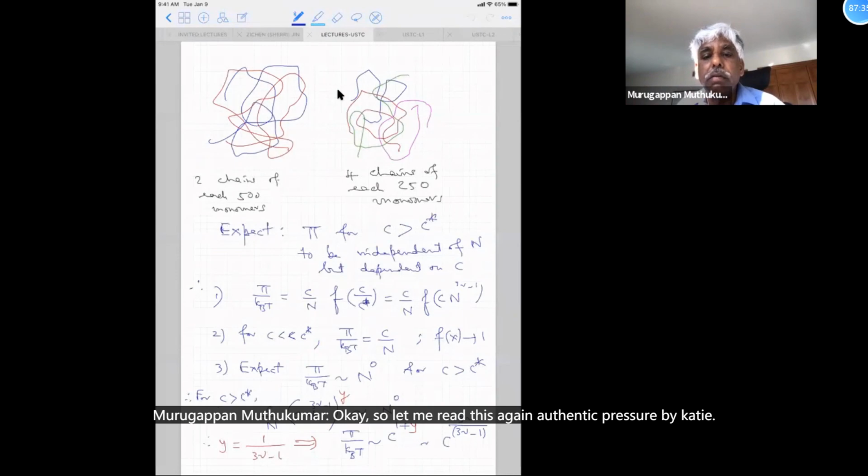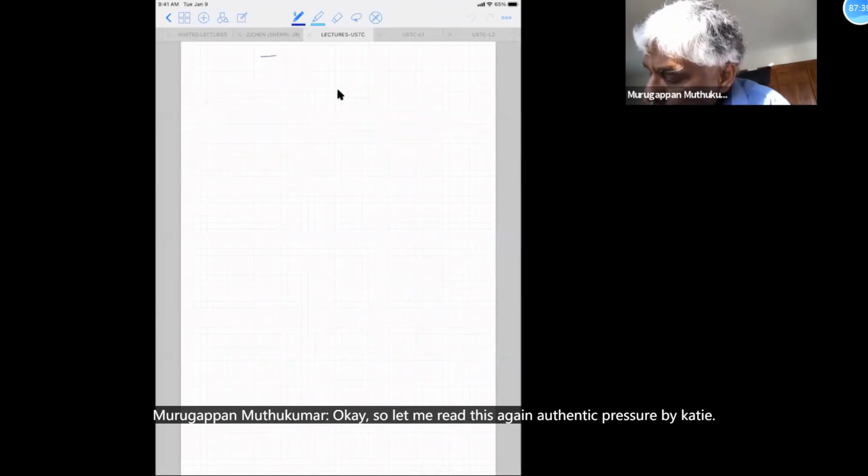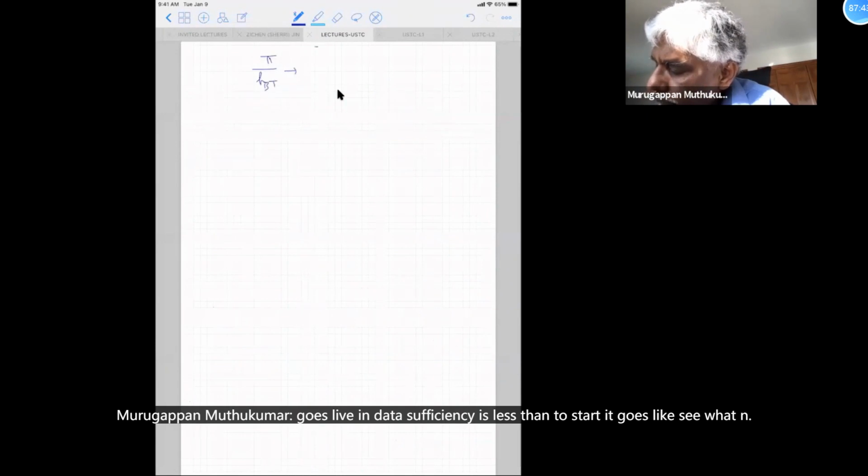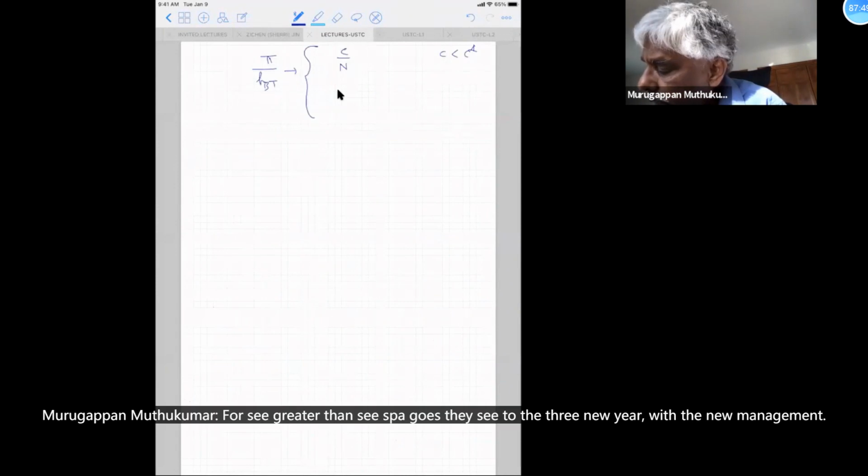Okay, so let me rewrite this again. Osmotic pressure by kT goes like C over N in dilute solution, C less than C star. For C greater than C star, it goes like C to the 3 nu divided by 3 nu minus 1.